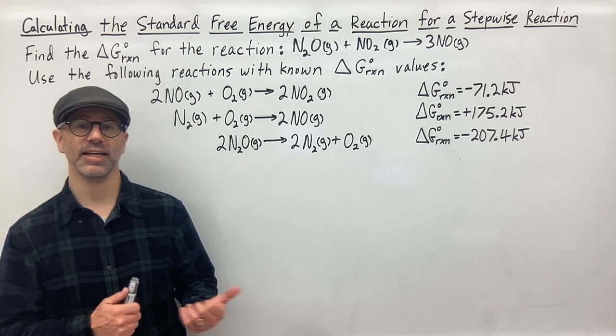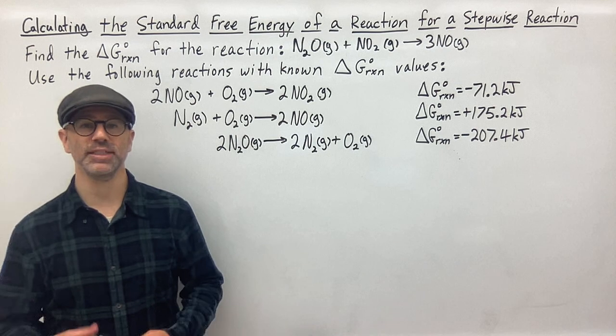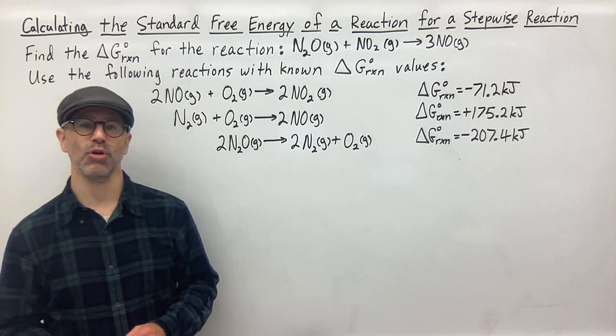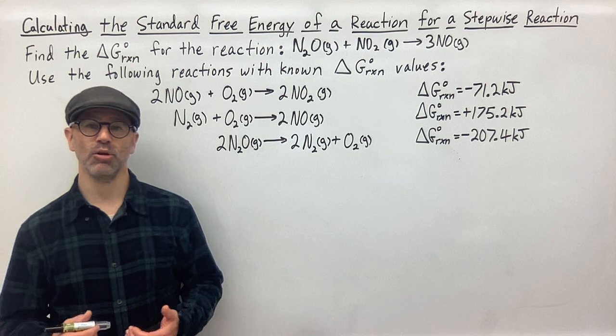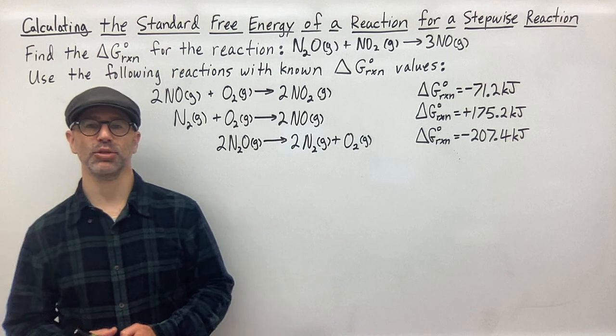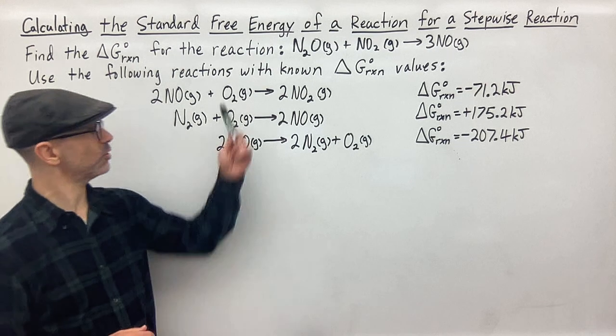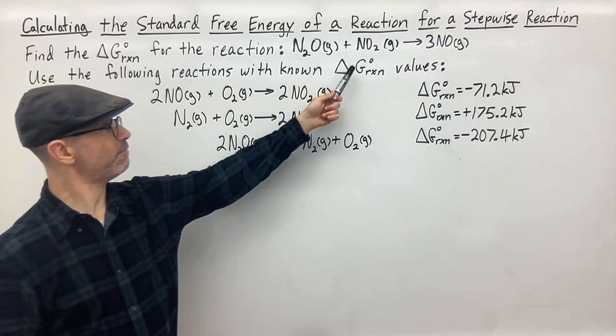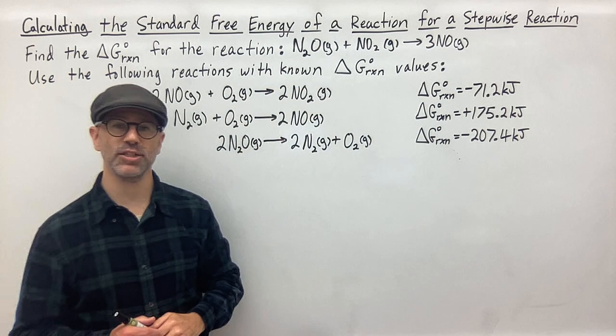So I did an example before. In this video, I'll do a second example. Here they're giving us a reaction of N2O gas plus NO2 gas giving us 3NO gas. So here's our target equation that we want to find the standard free energy change of.